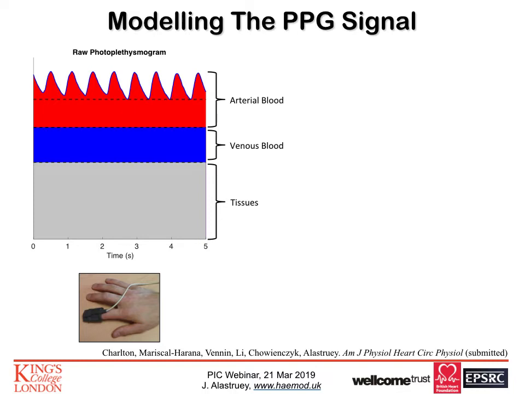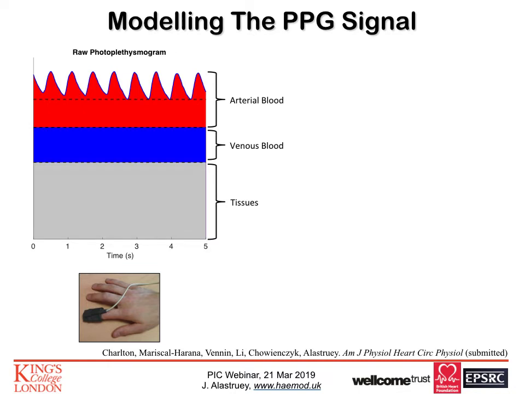In real subjects, the PPG signal is obtained by shining a light onto a tissue, such as the finger, and measuring the light which is either transmitted through or reflected from the tissue. And this varies with time as the volume of arterial blood in the tissue changes.